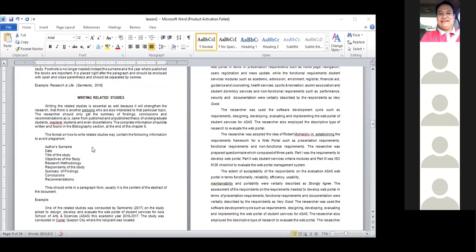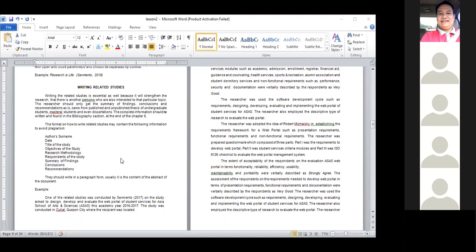So this will be the format on how to get the information from the theses or dissertations: the author's surname, the date, where it was published or where it was written, the title of the study, the objectives of the study, research methodology, the respondents of the study, the summary of findings, conclusions, and recommendations.